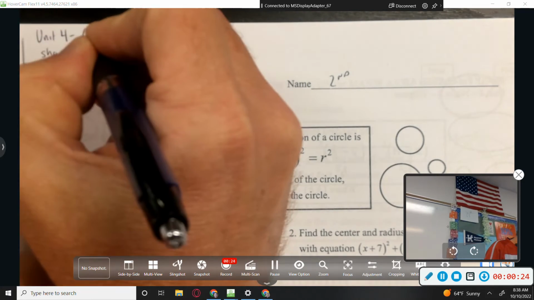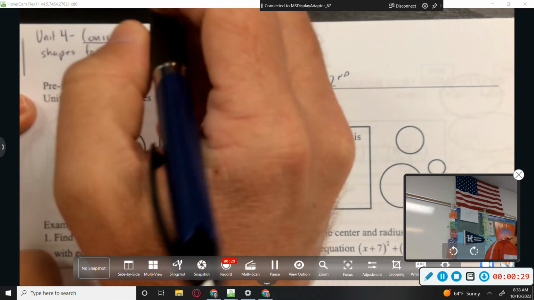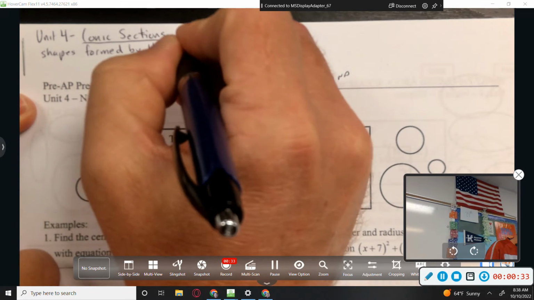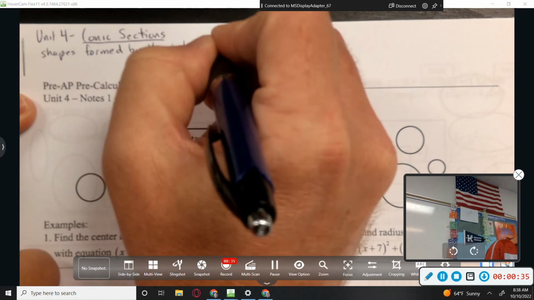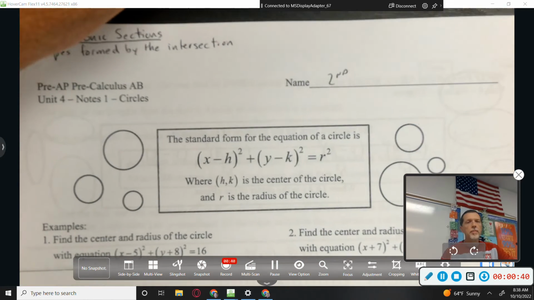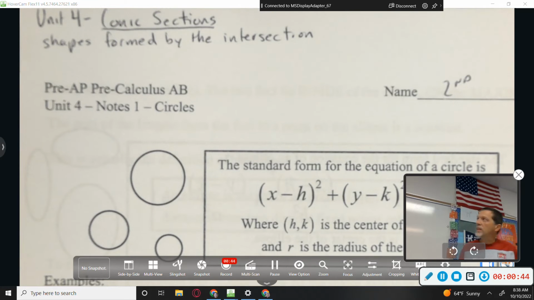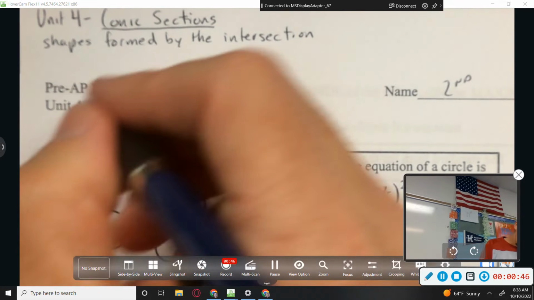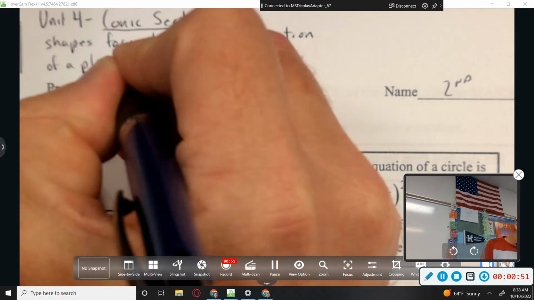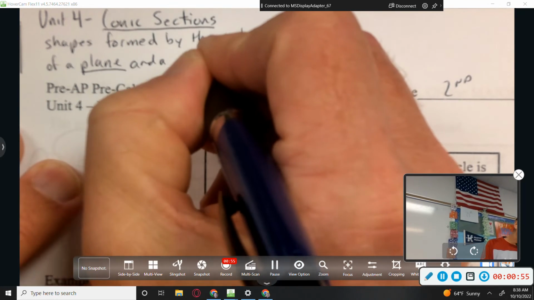And conic sections are shapes formed by the intersection of a plane and a double cone.